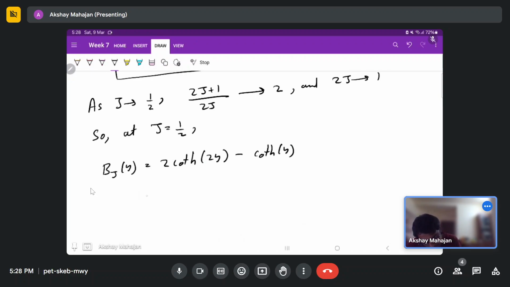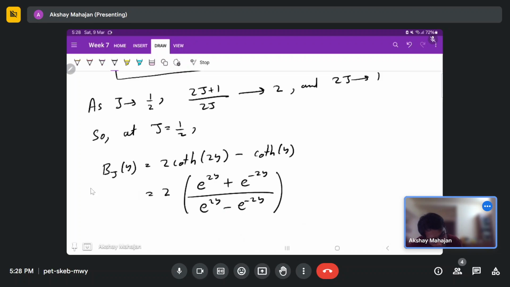Now this could be written as e to the power 2y plus e to the power minus 2y upon e to the power 2y minus e to the power minus 2y. Sorry, this will be plus and this will be minus, this coth.